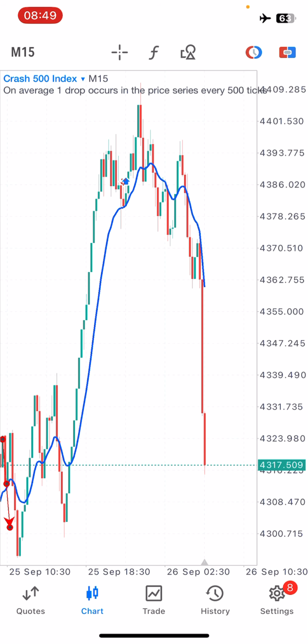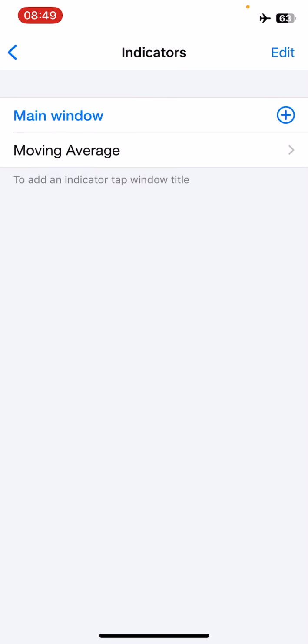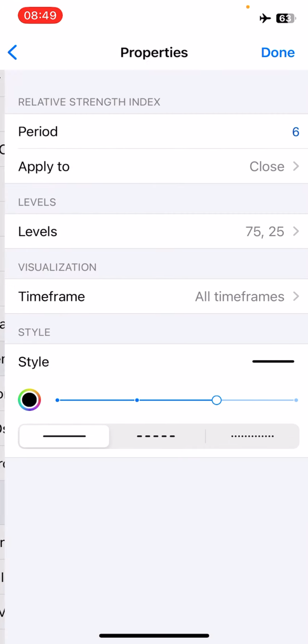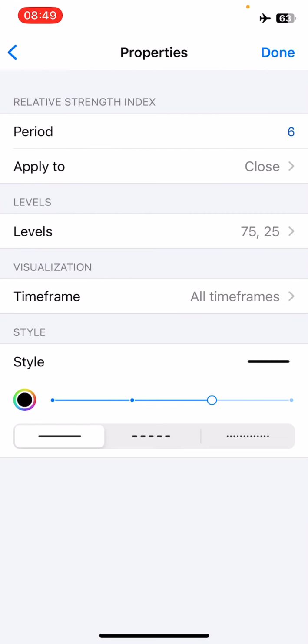The next indicator that we want to install is going to form our indicator window one, and it's going to help us get some more confirmations on our entries. Remember, we are trying to have a statistical advantage, and this is how you do it. So I'm going to add the relative strength index, or the RSI, and it is going to have the following properties.